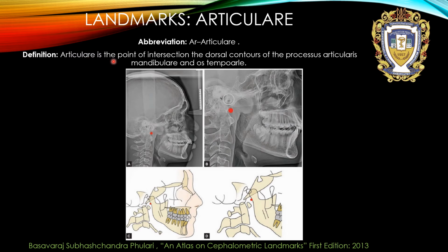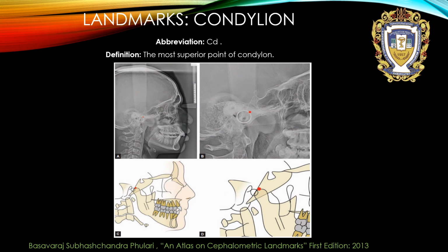Articulare is the point of intersection of the dorsal contours of the processus articularis mandibulae and os temporale. Intersection. Condylion point. It is the most superior point of condyle of articular head.